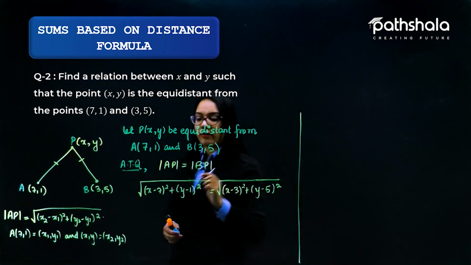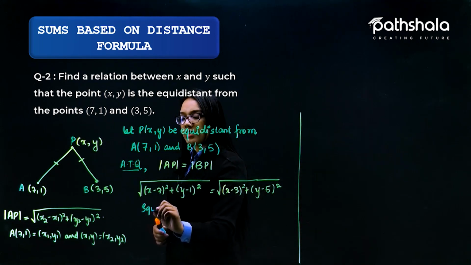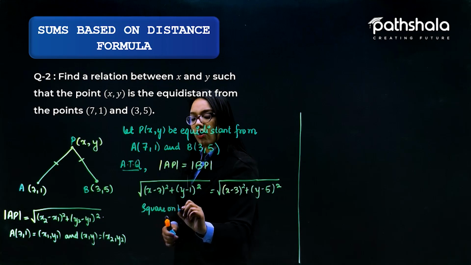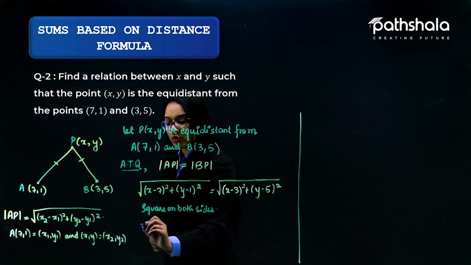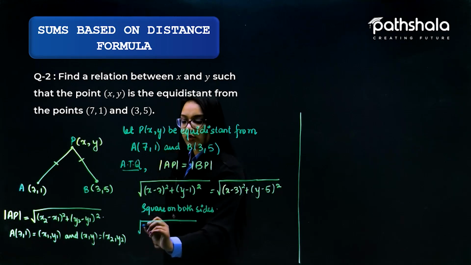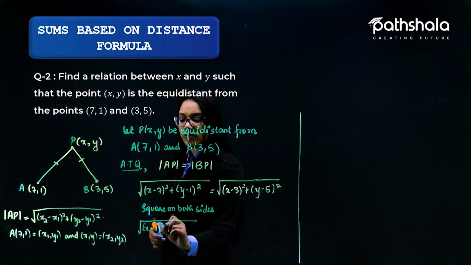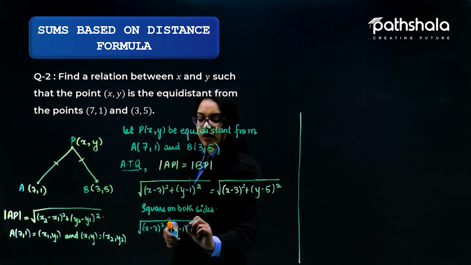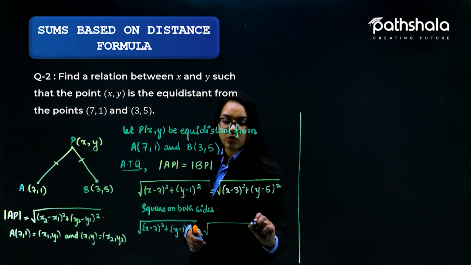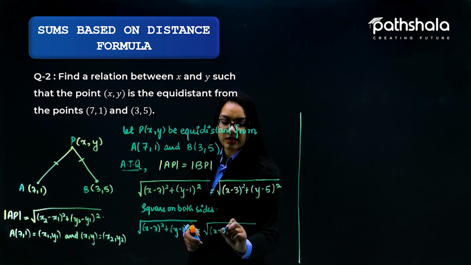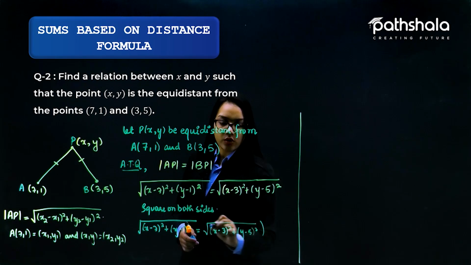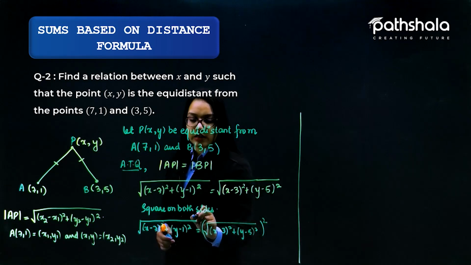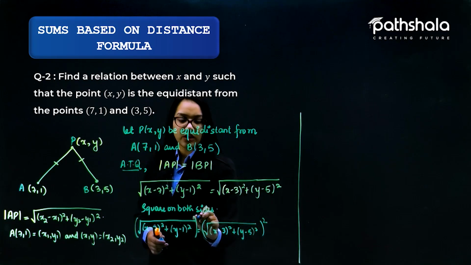In order to solve it, we have to take the square on both sides. So this would be of the form the square root of (x minus 7) whole square plus (y minus 1) whole square, which is equal to the square root of (x minus 3) whole square plus (y minus 5) whole square, and we square both sides.